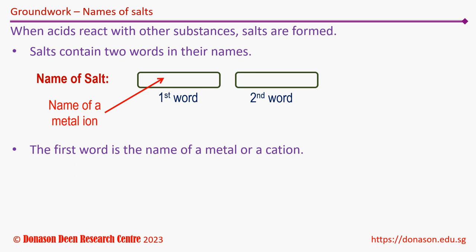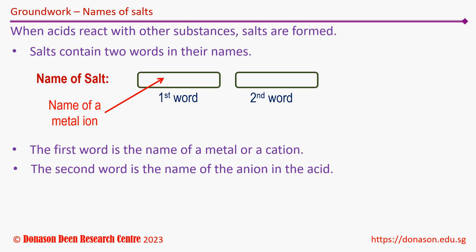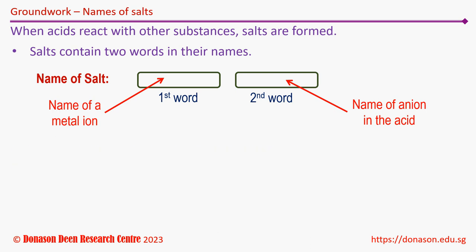It's a positive ion. And the second word in the name of the salt is the name of the anion found in the acid. So the second word comes from the acid, the anion found in the acid, and that gives us the name of the salt.